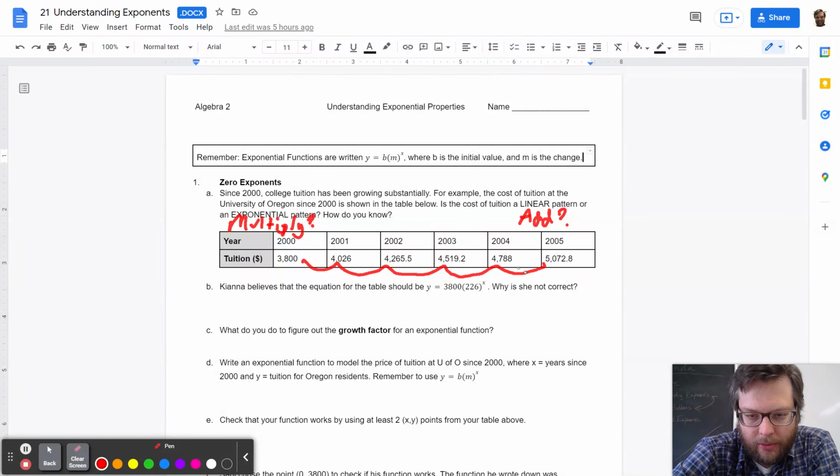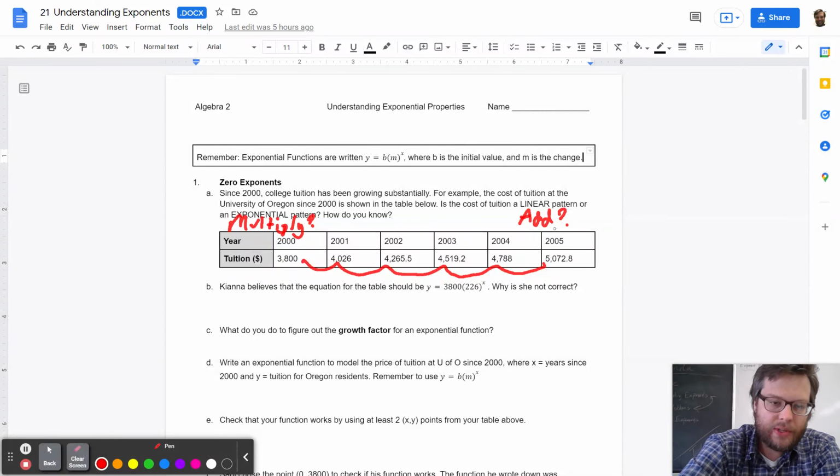It's almost a 300 increase instead of a 226 increase. And that's what happens with exponential growth, it gets more and more expensive over time. So this is exponential by process of elimination, because I told you it was either linear or exponential, and we knew it wasn't linear.